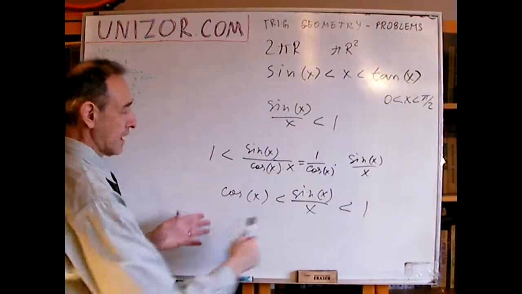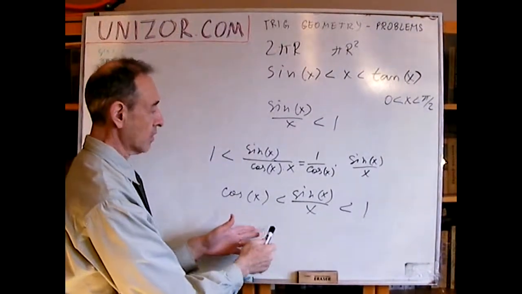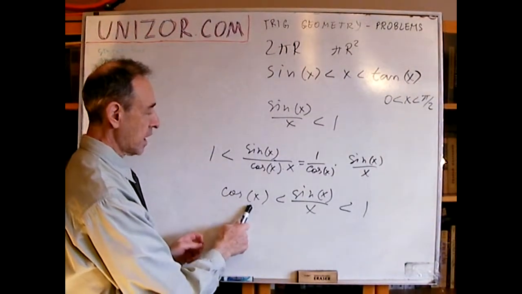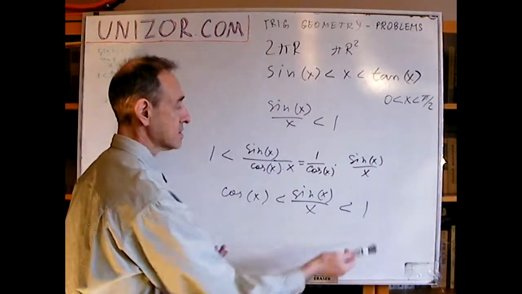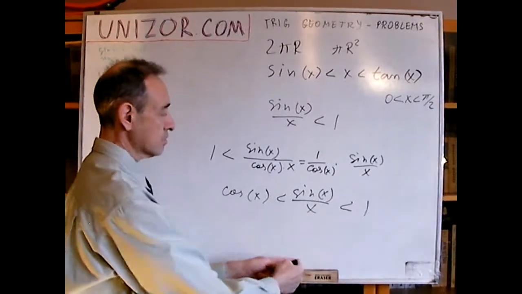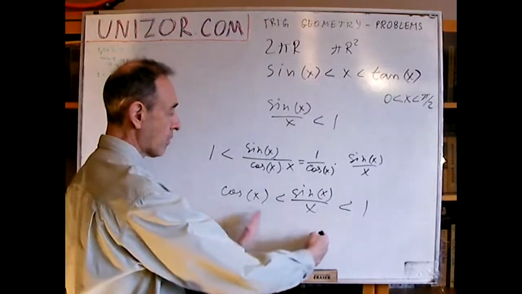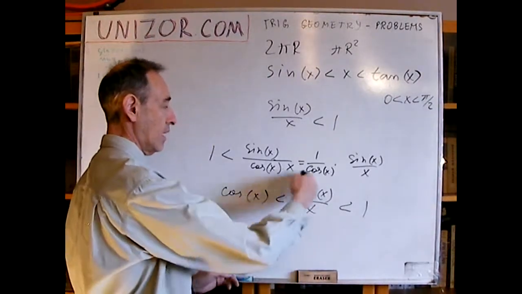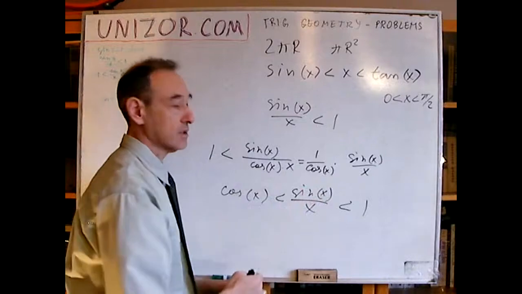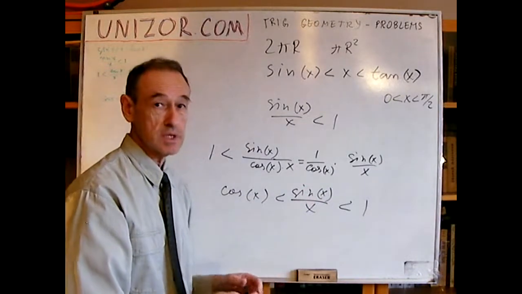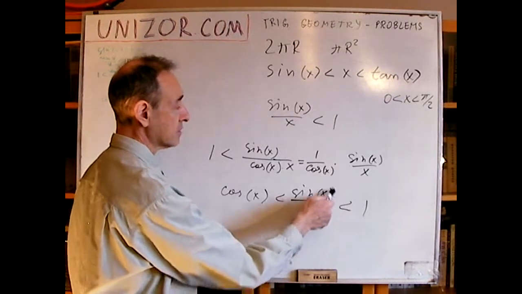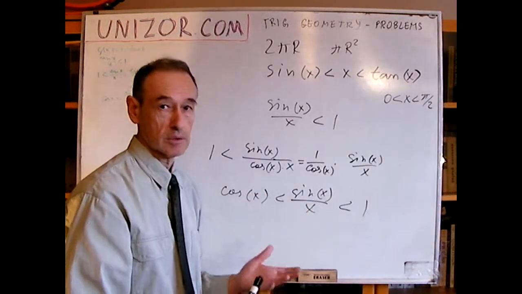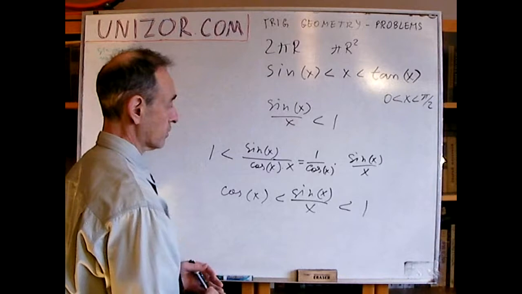Now, obviously, as x becomes smaller and smaller, this thing becomes closer and closer to cosine of 0, which is 1. Now, this is the 1 as a constant, so these two are narrowing and narrowing the interval where sine of x over x can actually be, and it's narrowing to 1, which means that the limit of that thing is equal to 1 whenever x is going to 0, right?